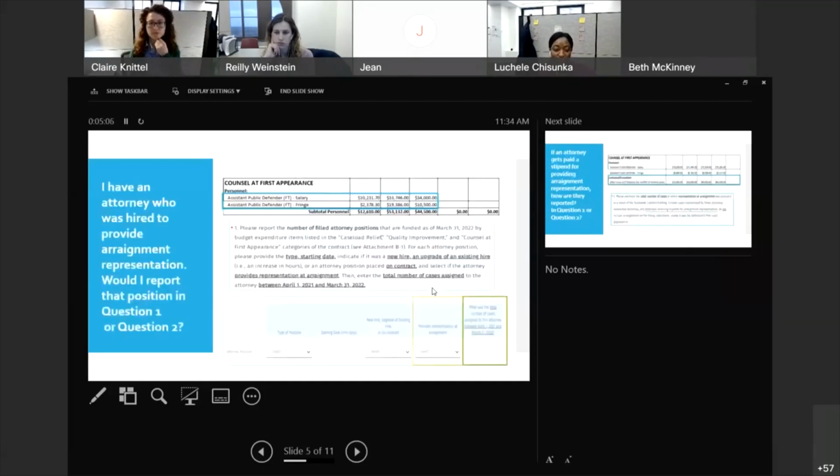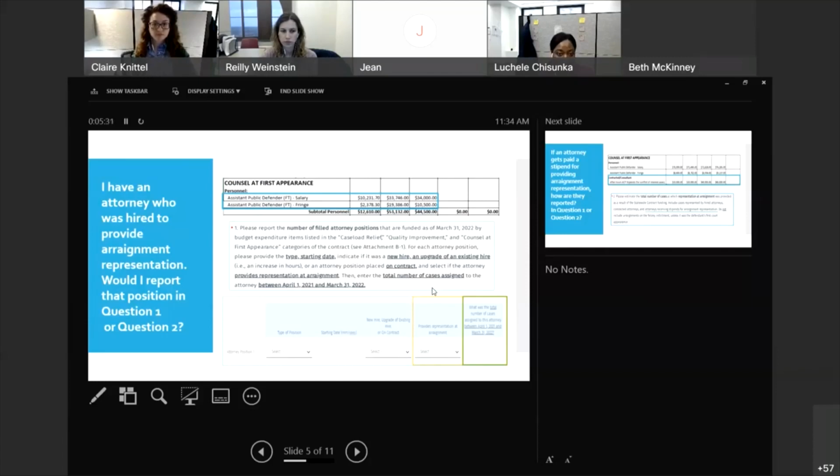These next 2 slides are about counsel at arraignment, which comes up in question number 1 and question number 2 on the progress report. If you have a statewide funded attorney who provides counsel at arraignment, you would report them in question number 1 and in question number 2. Look at your budget to determine if an attorney was hired to provide arraignment representation.